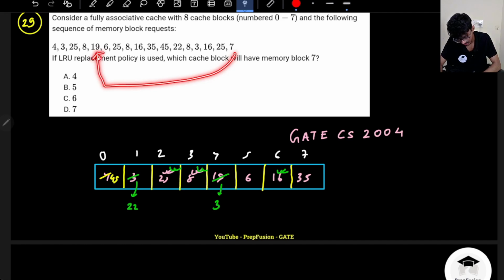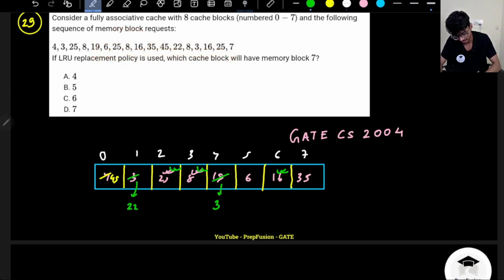So in between 7 and 19, if I see, is 6 getting called? No, 6 is not getting called anywhere else, right? That means 6 will be the least recently used. Afterwards, if 6 was getting called, then I would have had to check 25 as well. So I'll just put a marker down here.